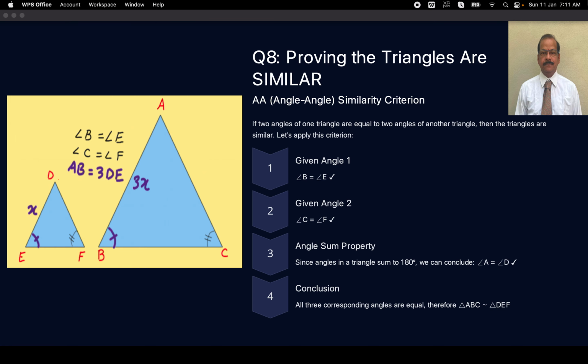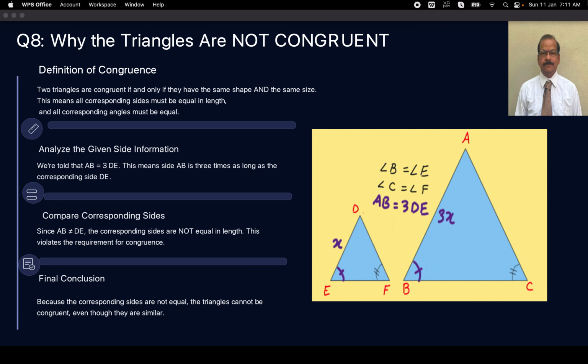Let us see the congruent part. What is congruence? Two triangles are said to be congruent if and only if they have the same shape and same size. This means all corresponding sides must be equal in length and all corresponding angles must be equal.